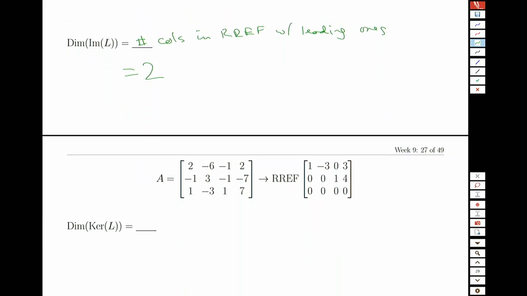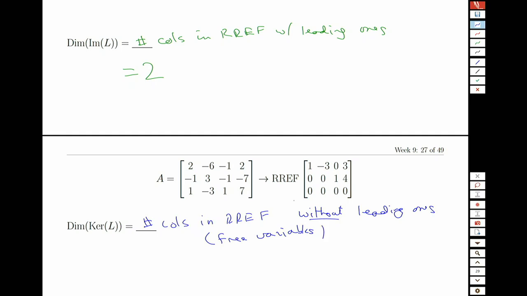Then the dimension of the kernel is going to equal the number of columns in the RREF without leading ones. Those were our free variables. Well, in that case here, that's this column and this column. Circle leading ones. So in this case here, that was 2.